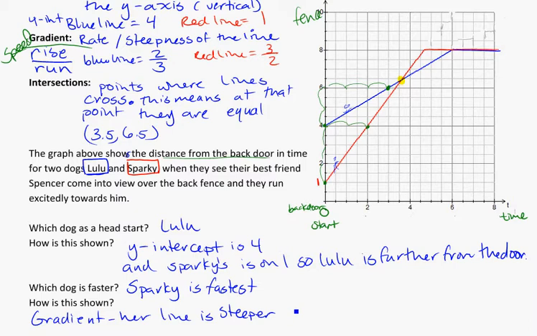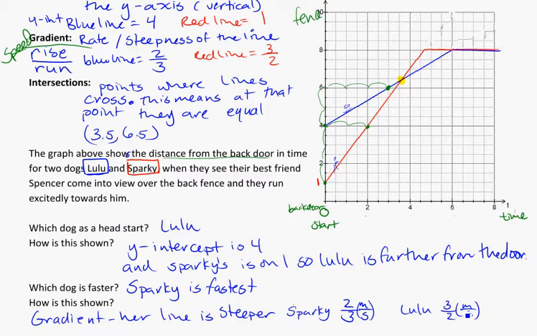Her line is steeper. So for Sparky, her gradient was 2/3, or 2 meters for every 3 seconds, compared to Lulu, who was 3 meters in every 2 seconds.